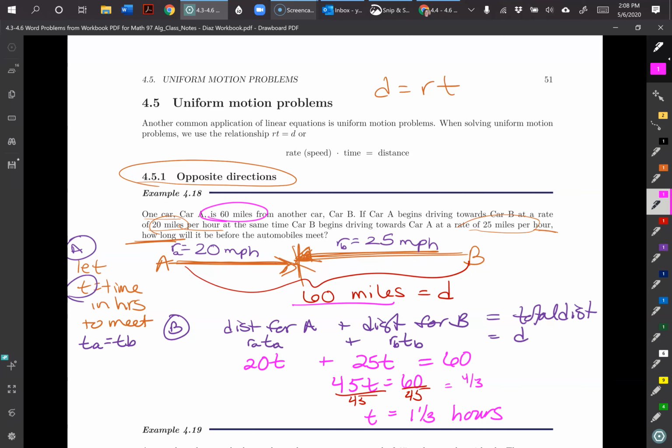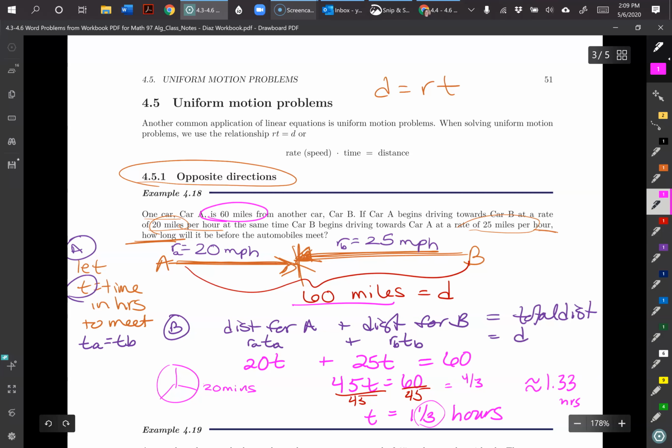And if we can keep it to non-terminating things, 1/3 is a lot more precise than 0.3 or 0.333, it doesn't terminate. But if you want to gauge, you could say about 1.33 hours. Better yet, you could take that third of an hour, if you think of a clock, right? A third of an hour is going to be 20 minutes.